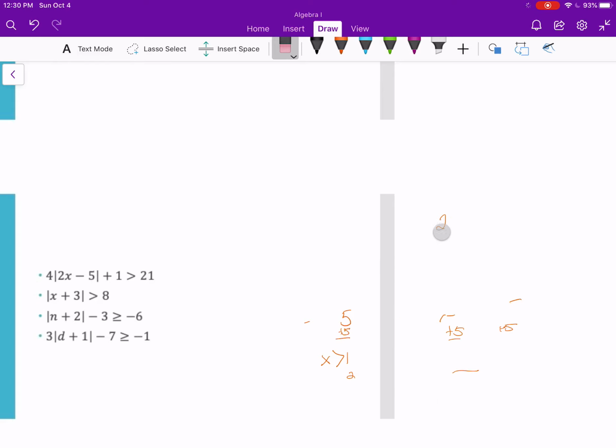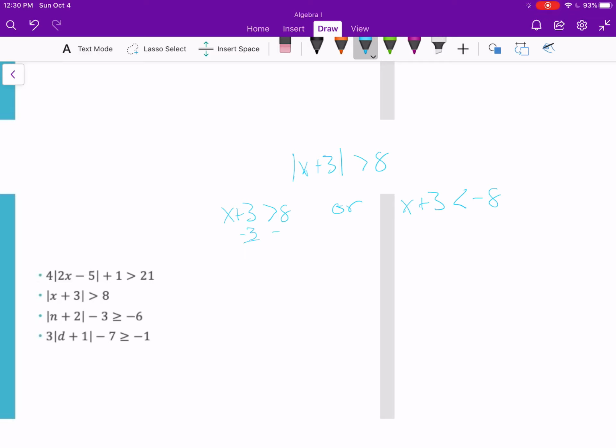So the next one is a lot simpler to start off with. So we have the absolute value of x plus 3 is greater than 8. The absolute value is already by itself, so we're good. It's a greater than, so it's an or. So x plus 3 has to be greater than 8, or x plus 3 has to be less than negative 8.